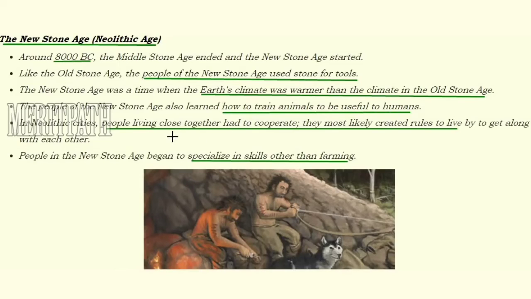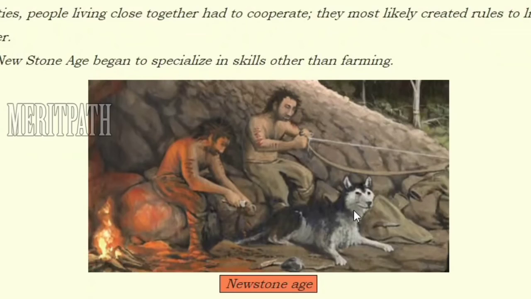In the Neolithic age, the people living close together had to cooperate, so they created rules so that they could live together and get along with each other. They also specialized in skills other than farming. This is an image of the New Stone Age where the dog was tamed, domestication of animals started, and other practices were started other than farming.